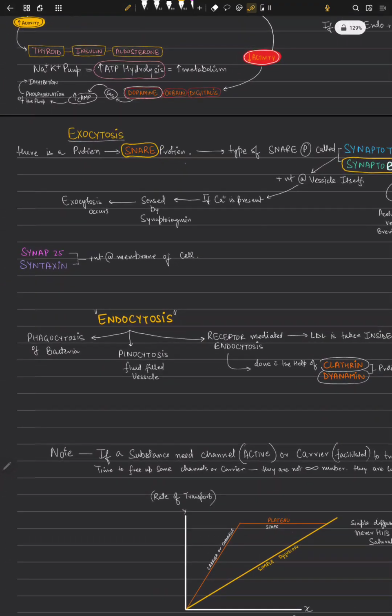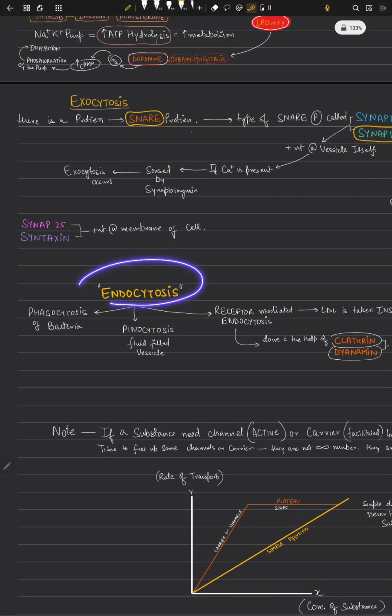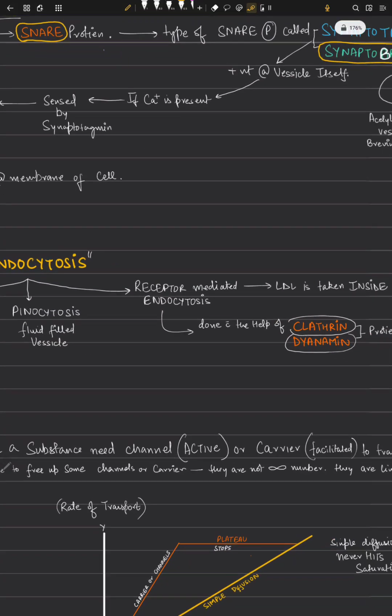Cool. What about endocytosis? Something getting inside. The vesicles are getting in. Cool. There can be three types of endocytosis. First is phagocytosis of the bacteria, and other one is pinocytosis of fluid-filled vesicles, and the most important one, I think, is receptor-mediated endocytosis. You need a receptor, and once the receptor is happy, there can be endocytosis of a vesicle.